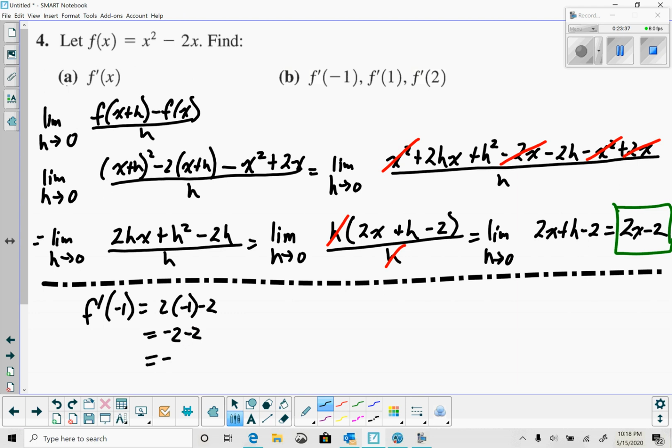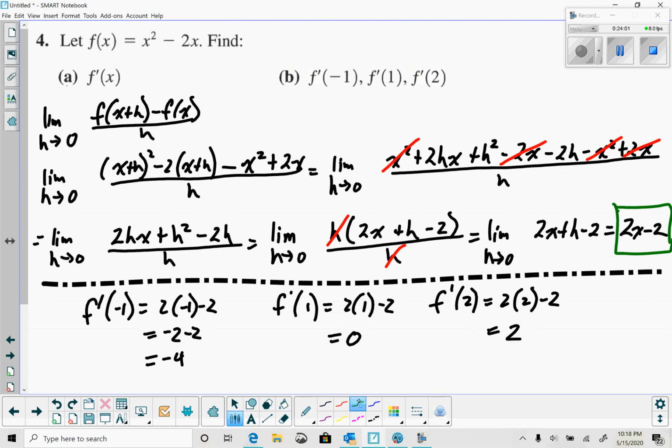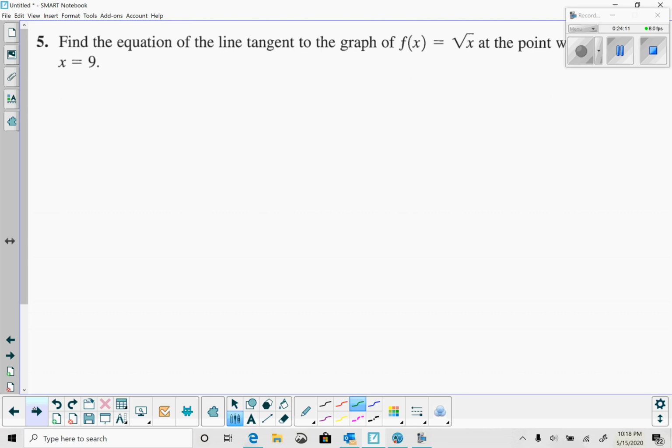Negative 2 minus 2 is negative 4. f prime of 1, 2 times 1 minus 2, that gives me 0. f prime of 2 should be 2. Look at that, just flying by here.